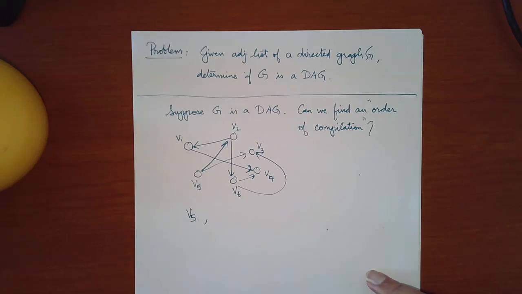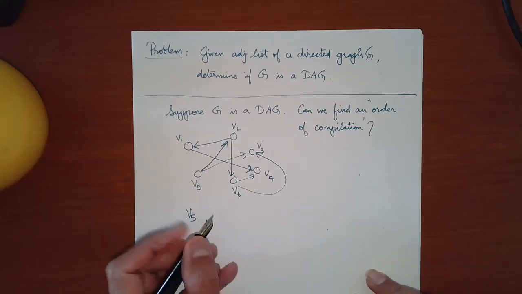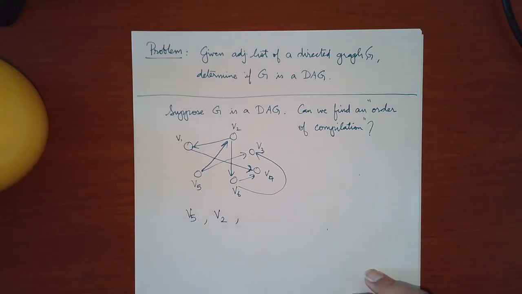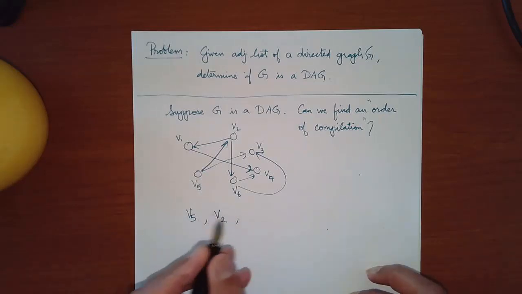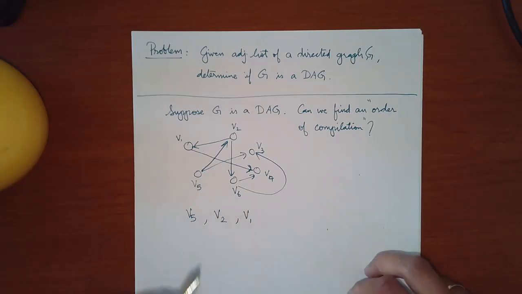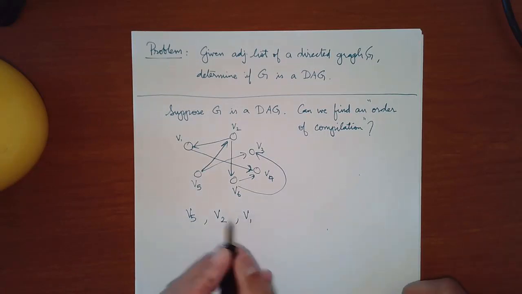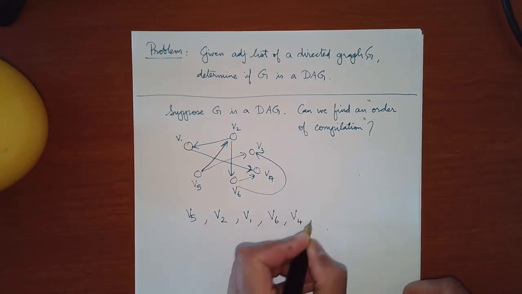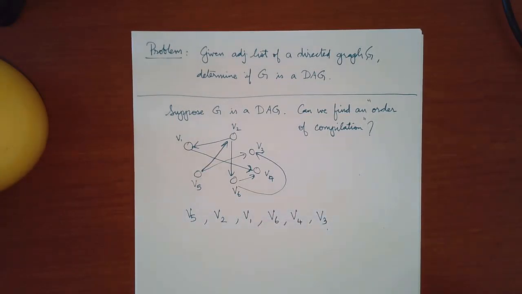Okay, then? Okay, then V2. Then you could do V1. Then you can do V6, then V4, and V3.